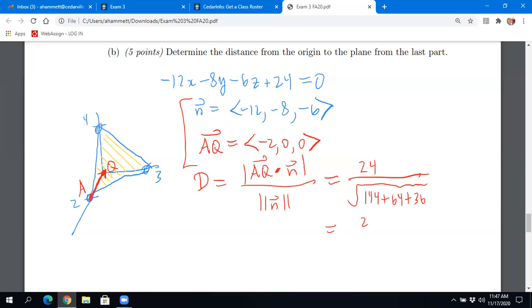So that's 24 over the square root of 244. And if you really wanted to simplify this, you could write that as 4 times 61 and cancel the square root of 4, which is 2. So you have 12 over the square root of 61. That is the distance. Okay? 12 over the square root of 61.